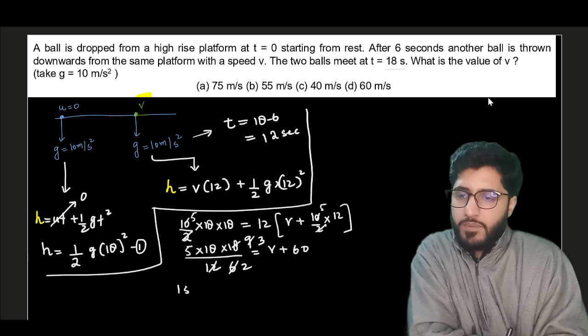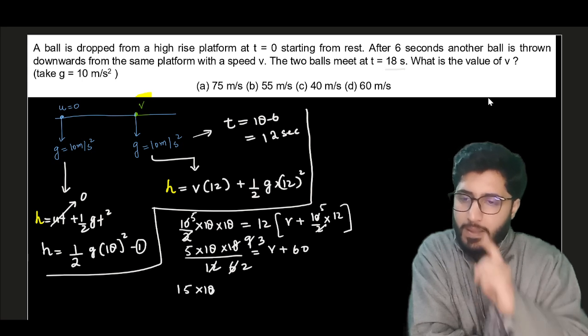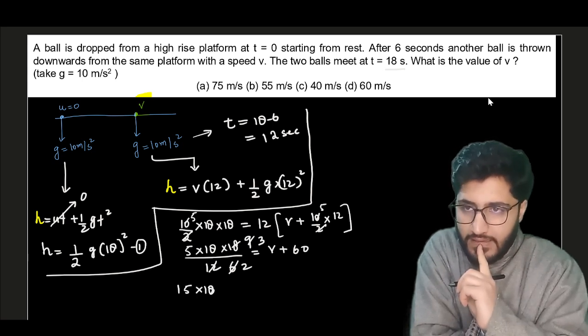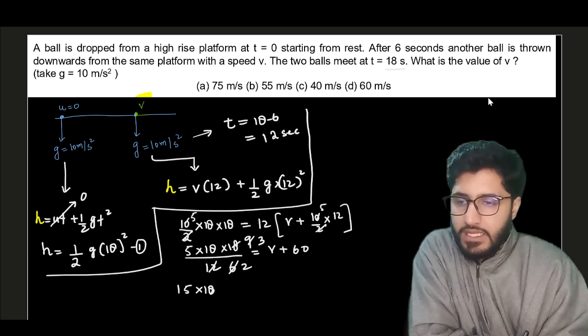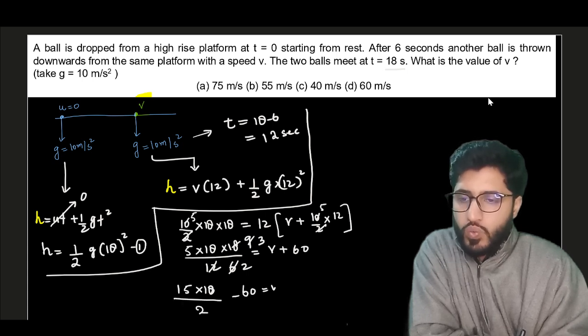So we have 15 multiplied by 18, whole divided by 2, minus 60 equals v.